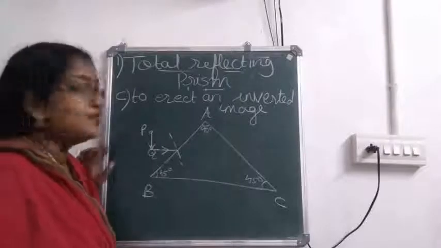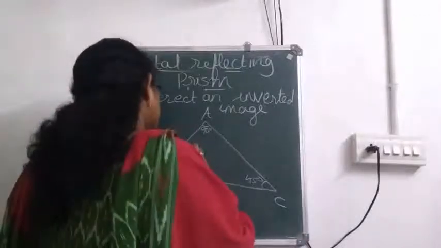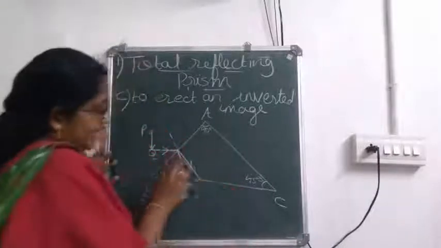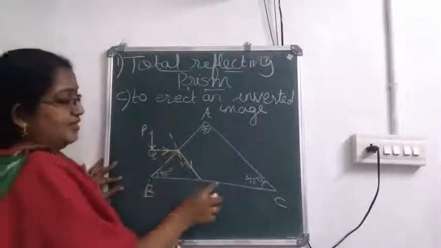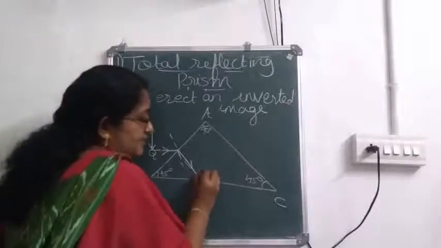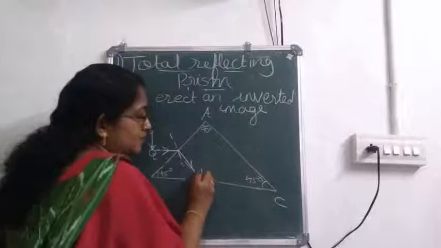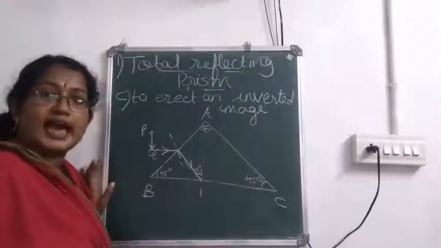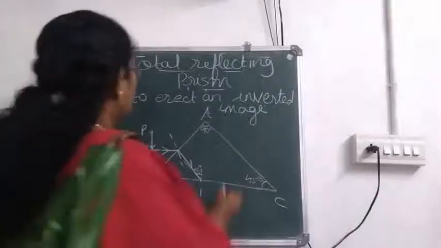It bends towards the normal. So the ray bends towards the normal and then it hits on the face BC. Here the angle of incidence is 45 degree, which is greater than the critical angle of glass. So what happens?